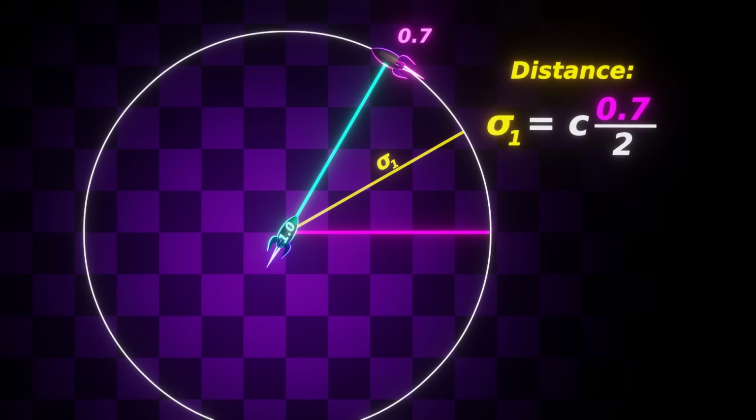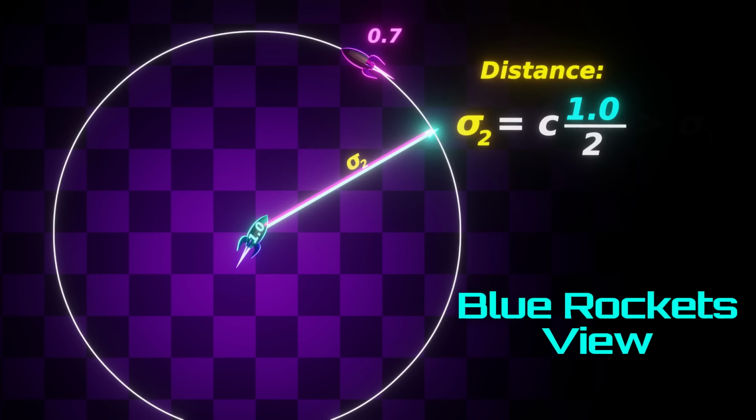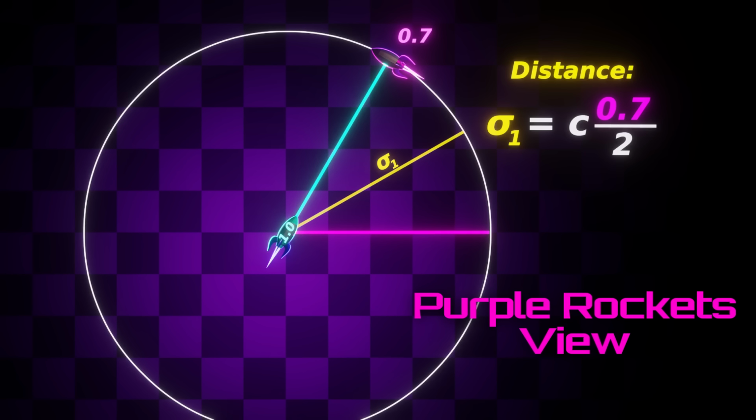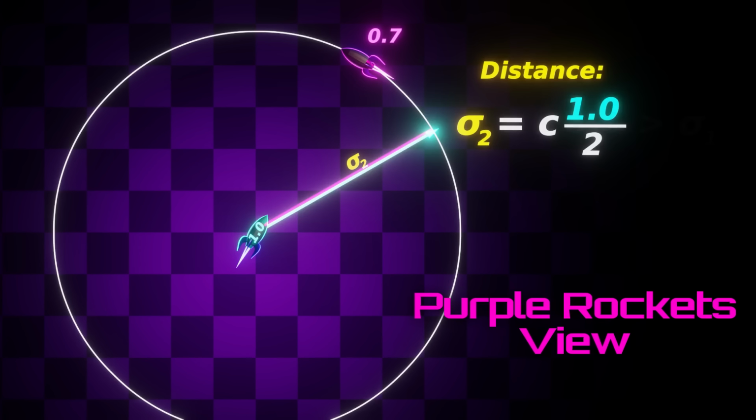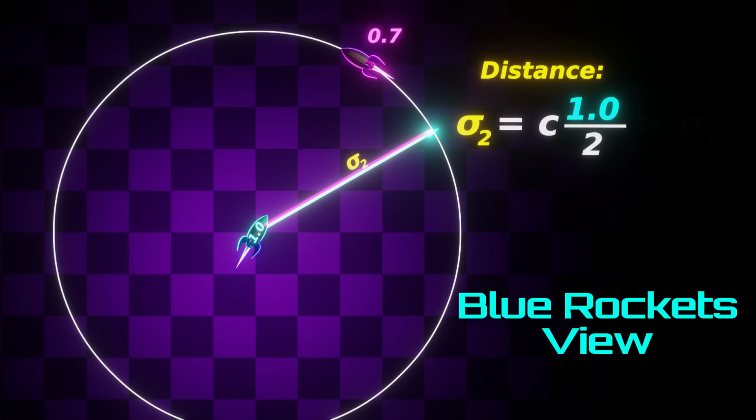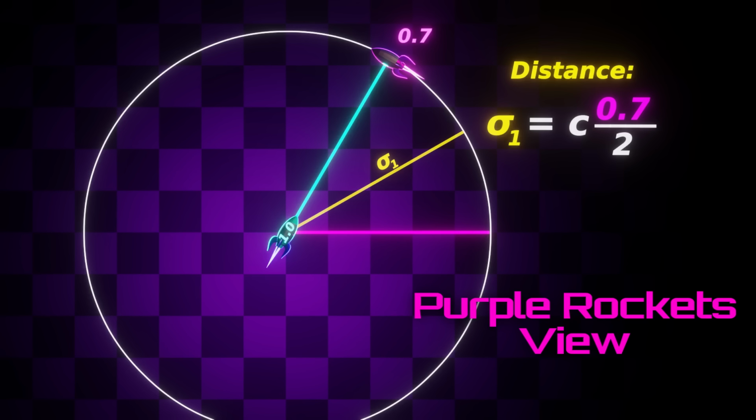Therefore, the purple rocket thinks the light has had less time to travel. Therefore, it thinks the distance, which is the radius of the orbit, is less than what the blue rocket thinks. So, in a rotating frame, two observers, if they use radar synchronization, might disagree about their relative distances. This goes to show why the radar synchronization has drawbacks in a global scale, at least for multiple observers.